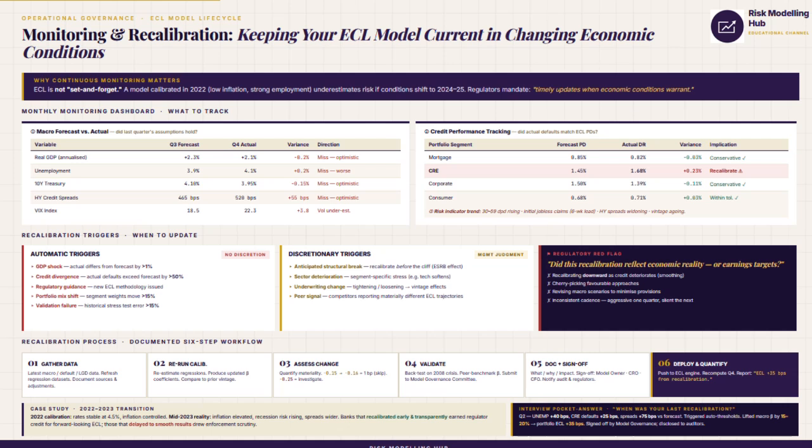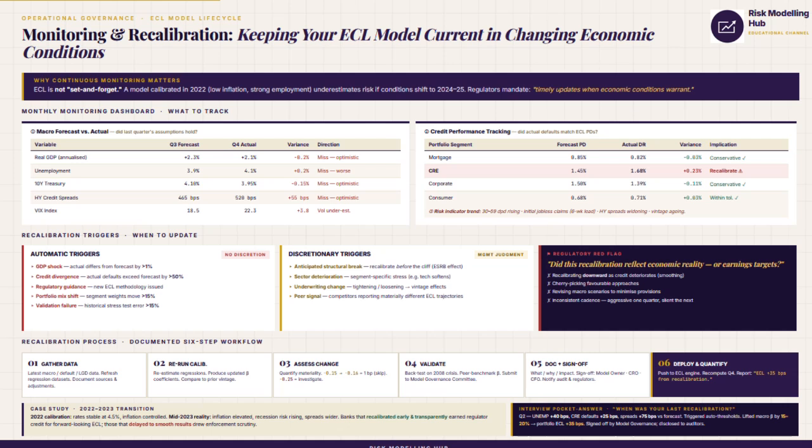And then you validate how you backtest on the 2008 crisis, then peer benchmarking, and then you submit to the model governance committee, right? And then you document and sign off, explaining why this has happened, what are the reasons, and then from the sign off from the model owner or the CRO or the CFO. And then you notify the audit and the regulators.